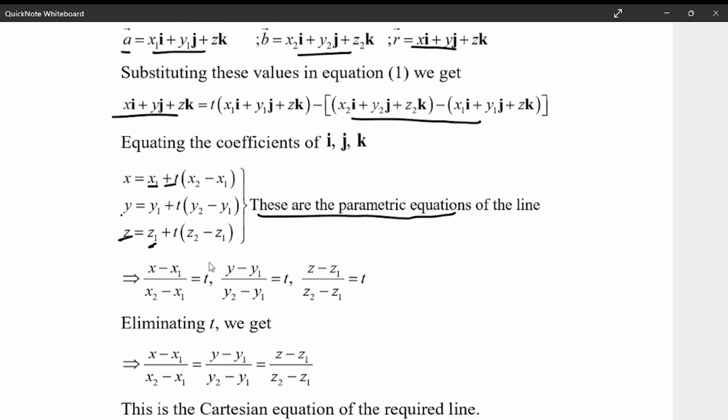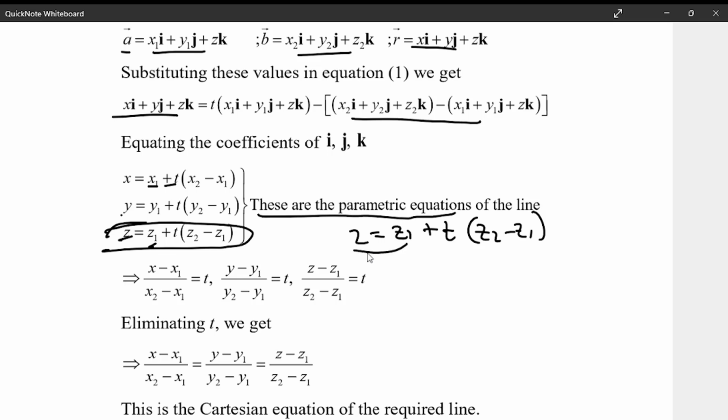So when we make t the subject, let's take the last one and check it out. If you have z equals z1 plus t into bracket (z2 minus z1), then if you bring z1 over here, you have z minus z1 equals t times (z2 minus z1).